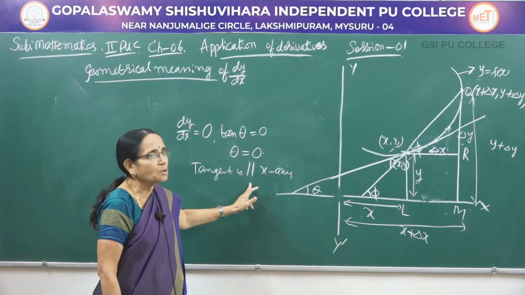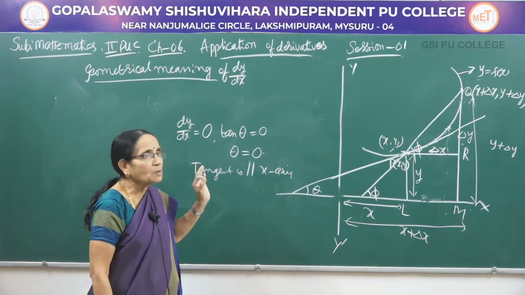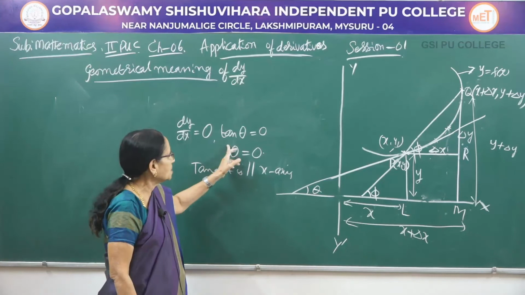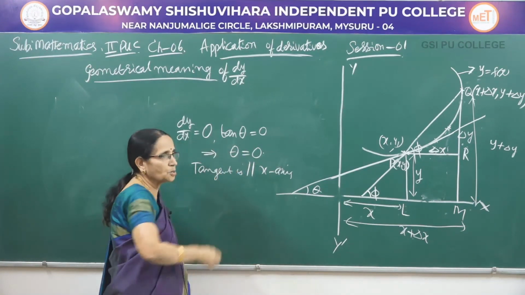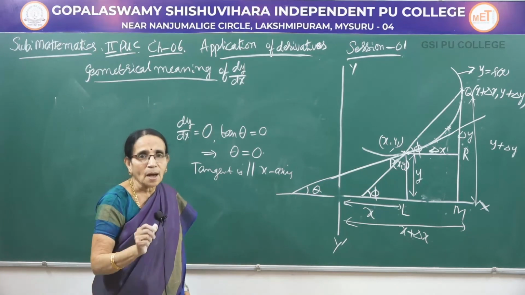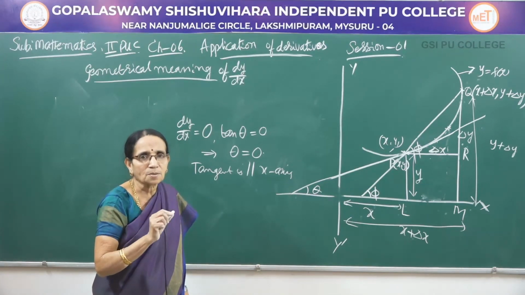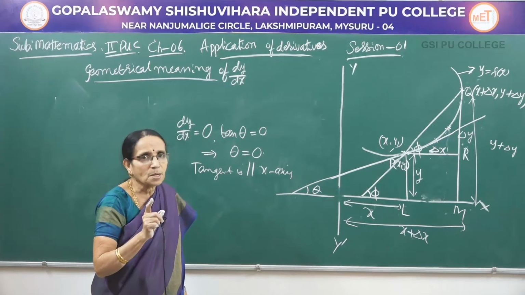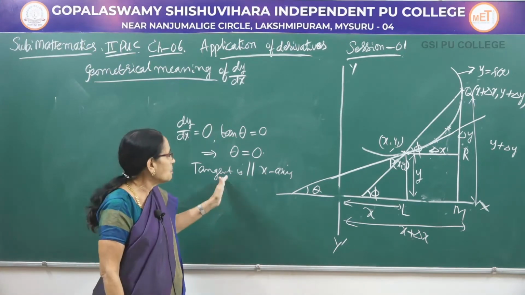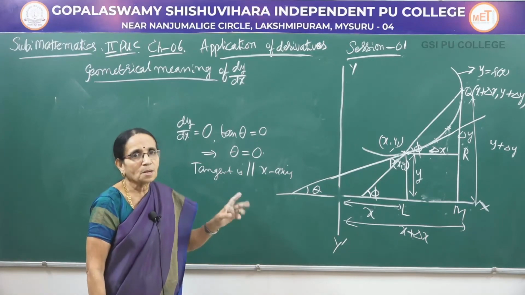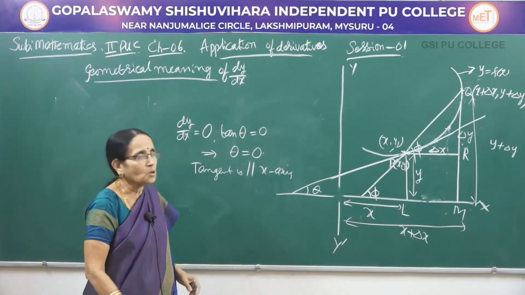So, if dy by dx is 0, then tan theta is 0, which implies theta is 0. That is, the angle made by the tangent with the x-axis is 0, so either it coincides with the x-axis or it is parallel to the x-axis. This is one extreme value I am taking.